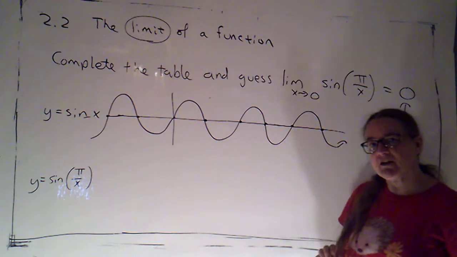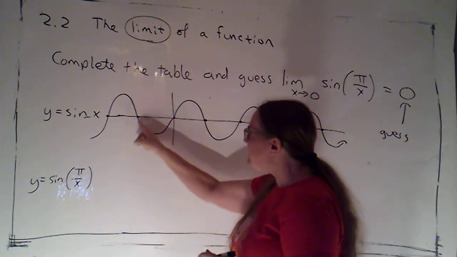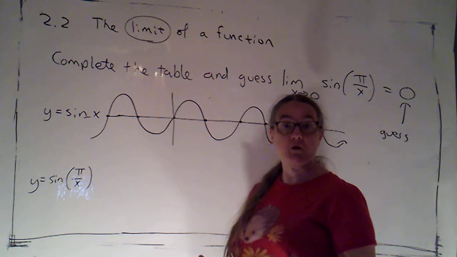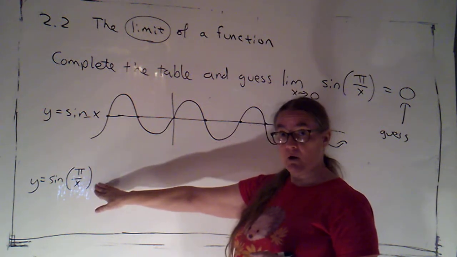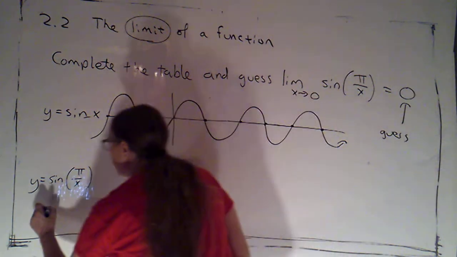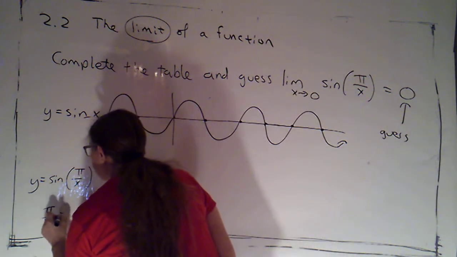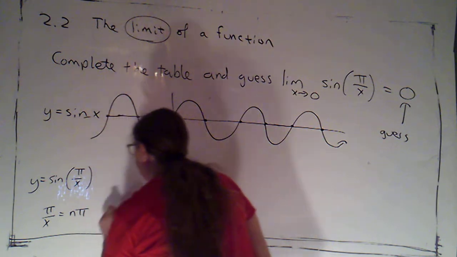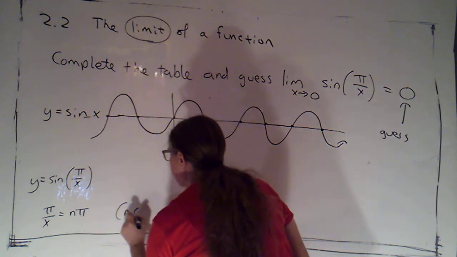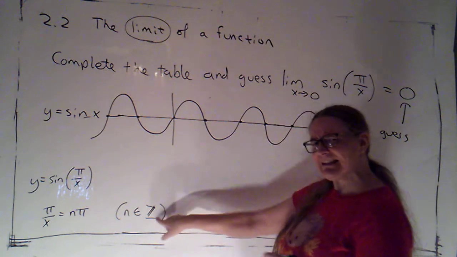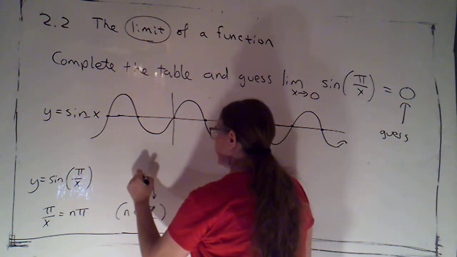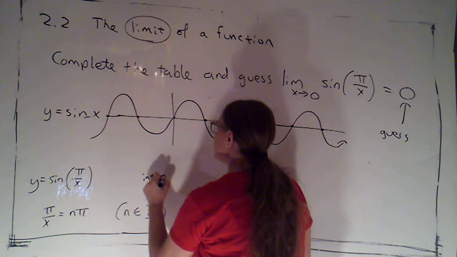The sine function is 0 anytime the input to sine is a multiple of pi. So this function will be 0 if pi over x is n times pi, where n is an integer. This fancy Z here is just a way of saying the set of all integers.